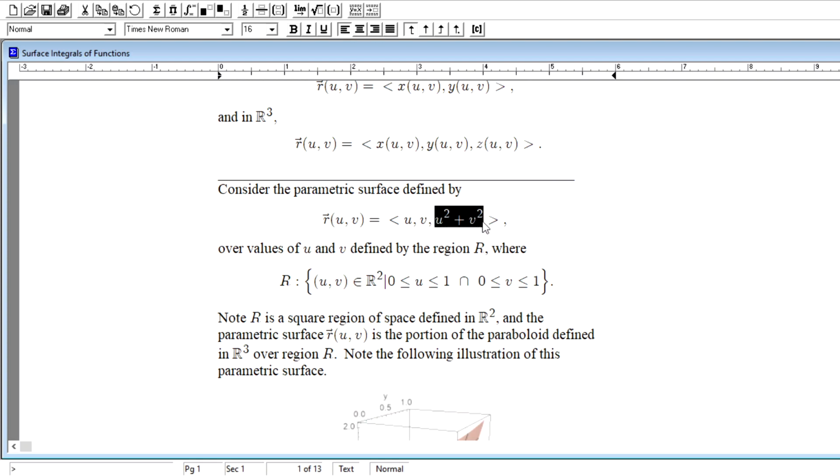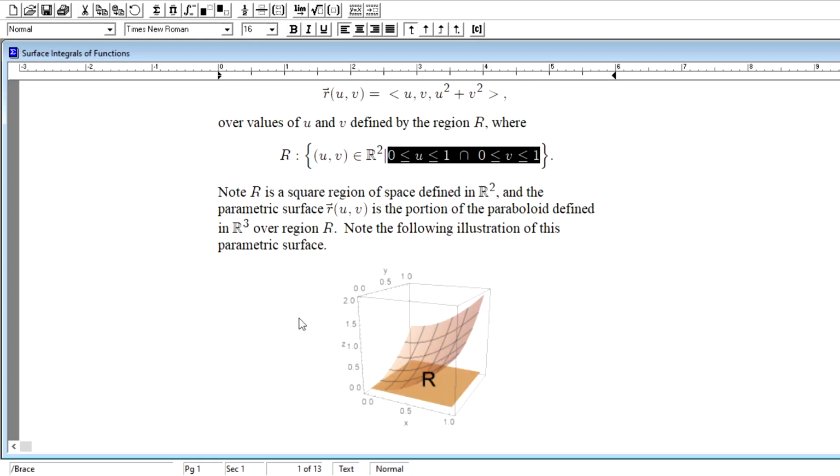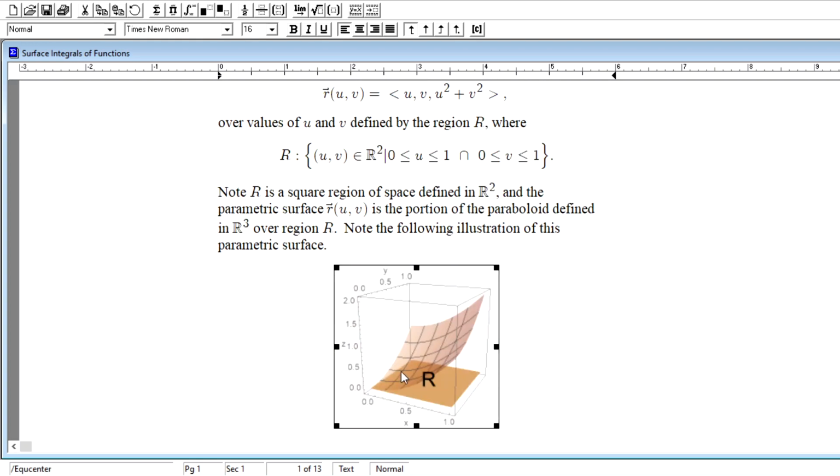Now z is equal to u squared plus v squared, where if x equals u and y equals v, z is going to be equal to x squared plus y squared, which defines a paraboloid in its behavior. It is only interested in values of x and y, or what we would consider parameters u and v, over this square region. And if we consider the illustration, this would be the illustration of this parametric surface.